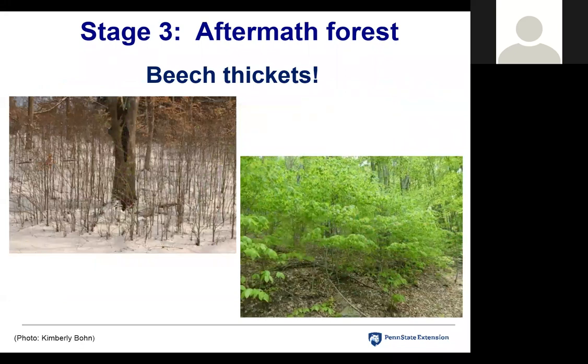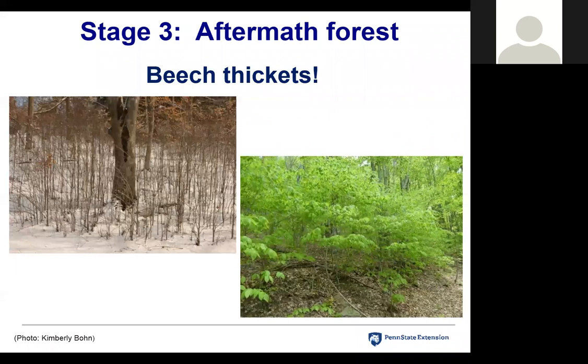Another legacy of beech bark disease in the aftermath forest is the proliferation of what we call beech thickets. I think we have all seen this, just numerous root sprouts that have developed in these aftermath forests following the mortality of the overstory trees.